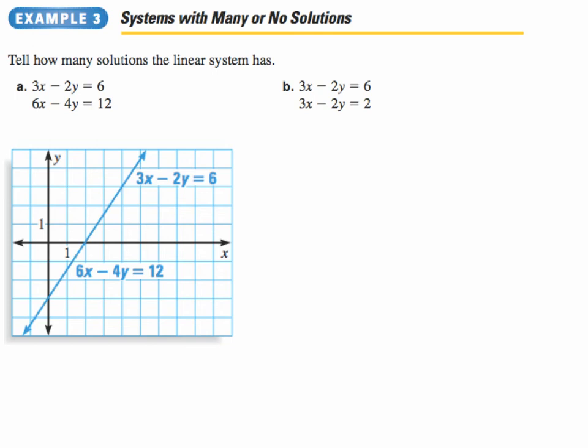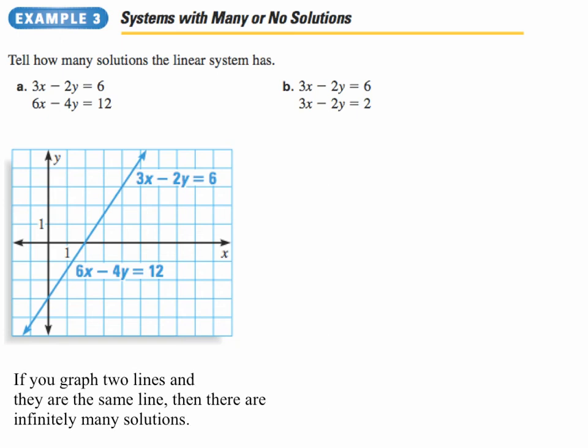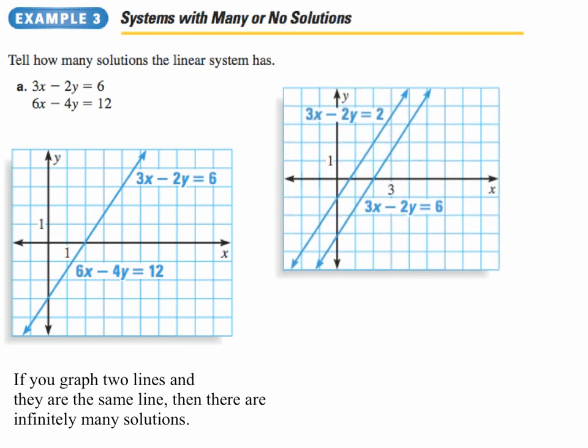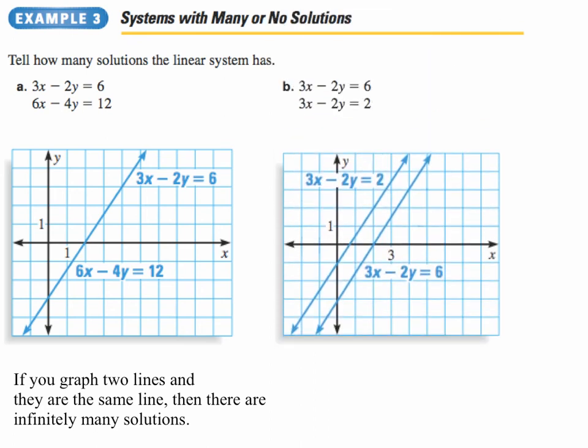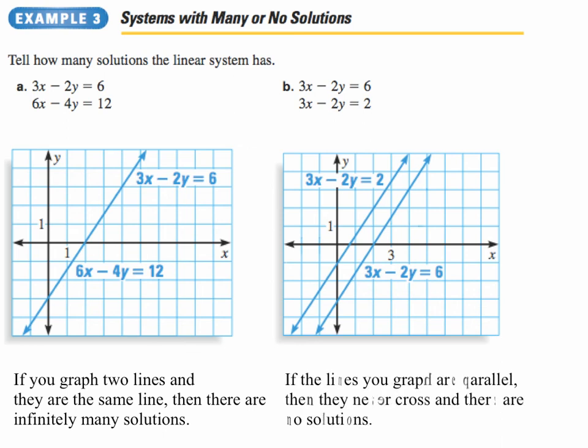Since they're the same line, they are always intersecting. Remember, a solution occurs where your two lines intersect, so if you're always intersecting, there are infinitely many solutions. Conversely, if you graph your two lines and they never intersect because they're parallel, that means there's no solution.